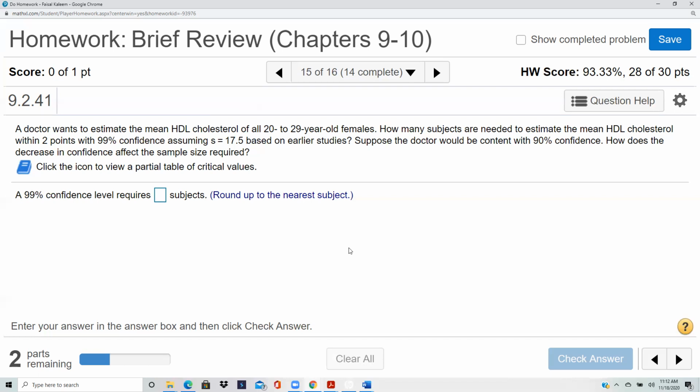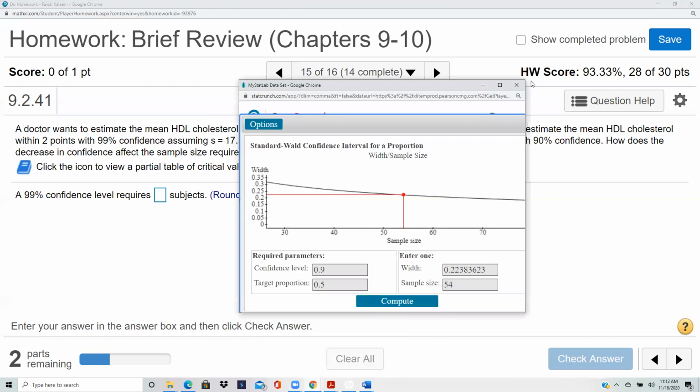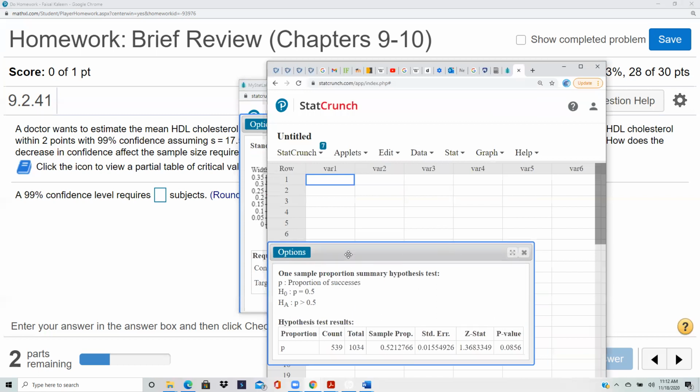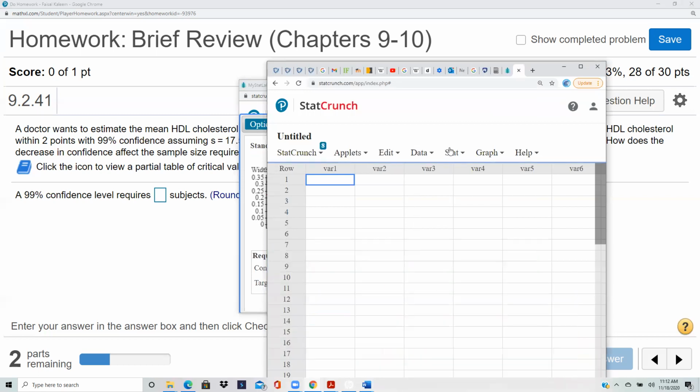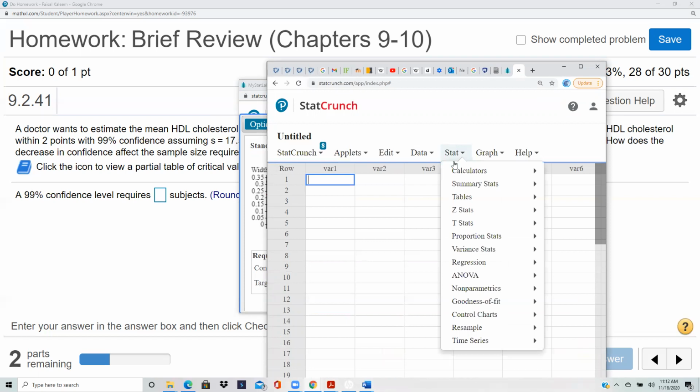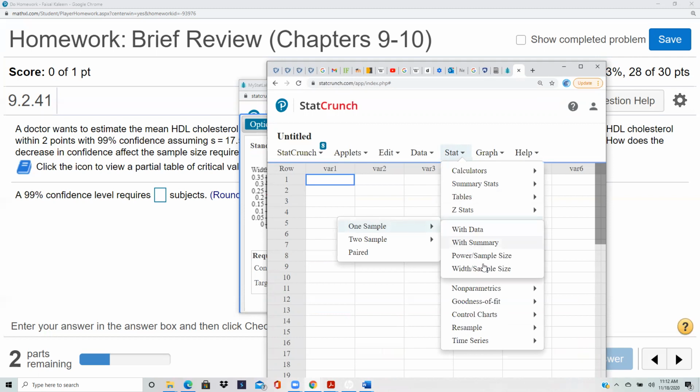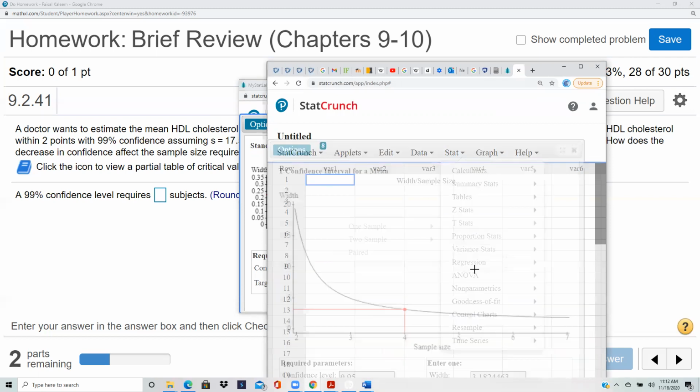T-stats. So now tell me, what do I do? Will we go to the width and sample size? Yep. Stats, T-stats, one sample, with sample size.